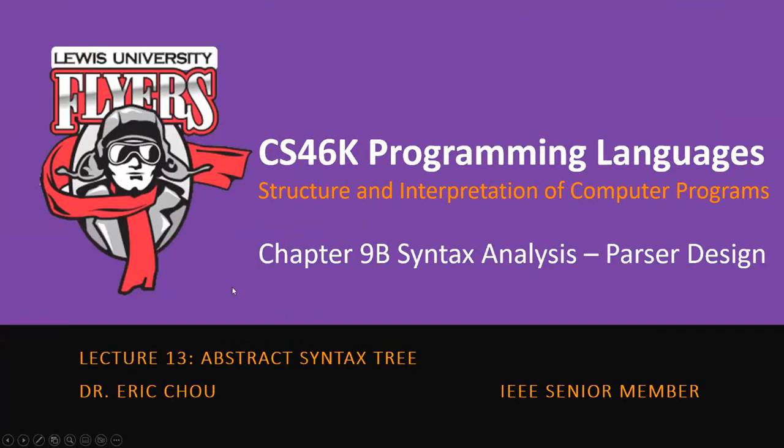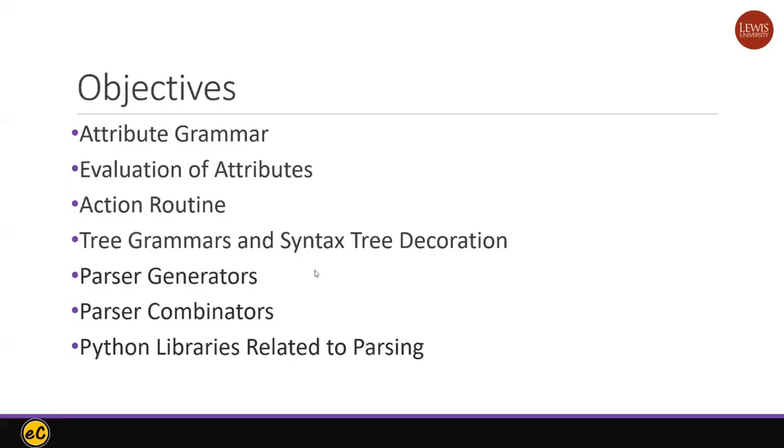So today we are on lecture 13, week 13, abstract syntax tree. We finished the tree, because the parsing translates the token string. We tokenize in the lexical analyzer part and then build a syntax tree by the parser. So this chapter we are talking about from the parser to the evaluation of the tree.